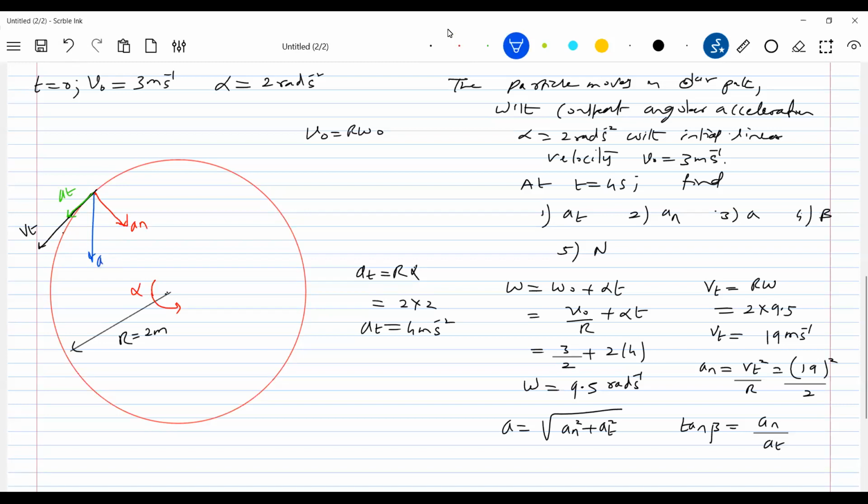Almost in all numericals, you'll have a generalized idea. So tan beta is AN by AT. Substitute the values; just have the right formula, no need to simplify. Okay, we got AT, AN, A, beta, all of these.